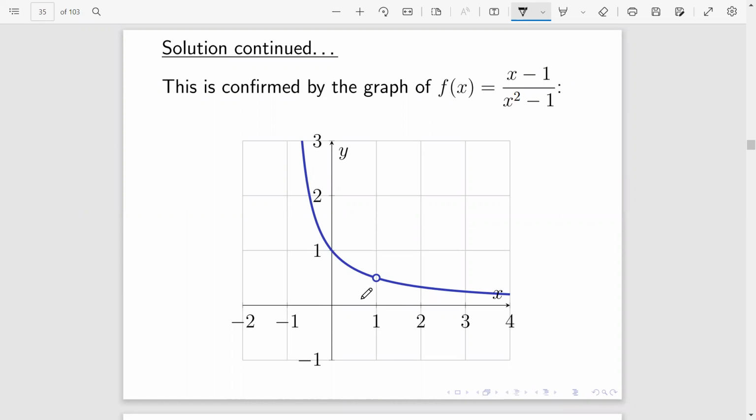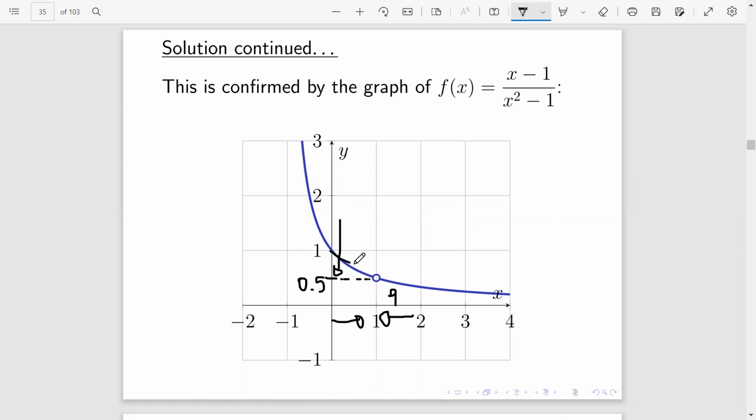But otherwise, this is how the function looks. So as you can see from the function, when you take the values of x approaching 1 from the left, the y values are increasing, they're approaching 0.5. And when you come from the right, the y values are decreasing, they're getting closer and closer to 0.5.